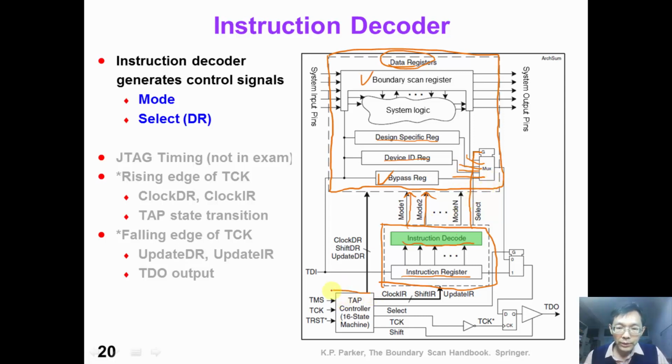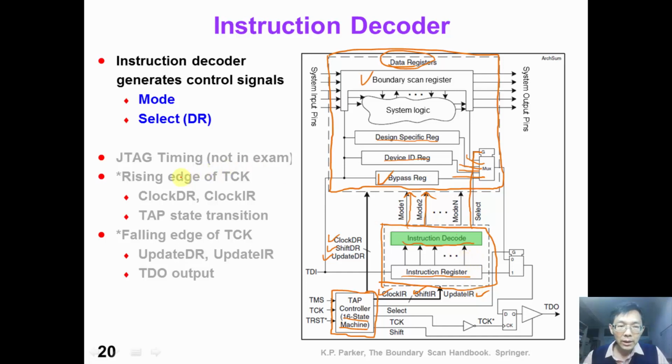On the lower left, we see tap controller, which is a 16-state finite state machine. The tap controller generates clock DR, shift DR, update DR to data register. It also generates clock IR, shift IR, update IR for instruction register.